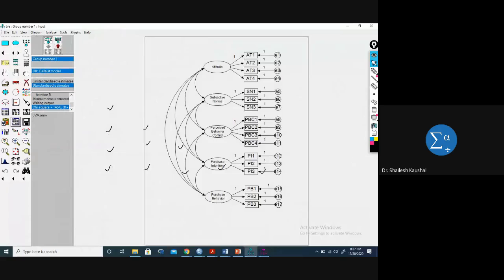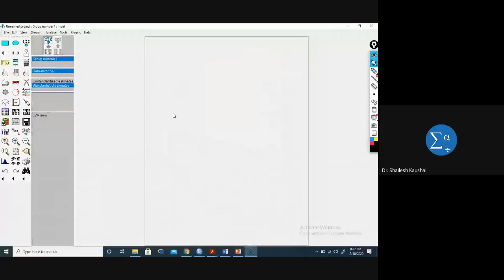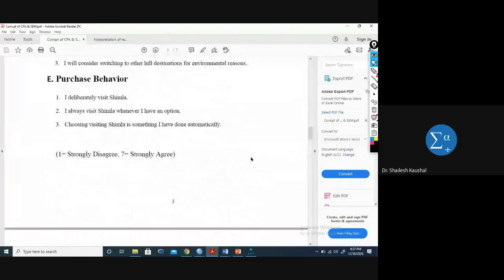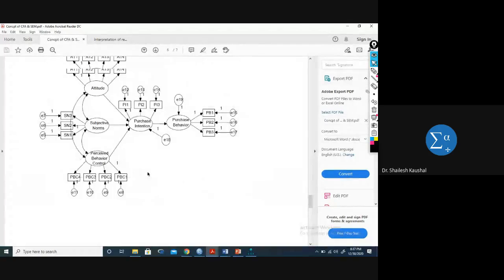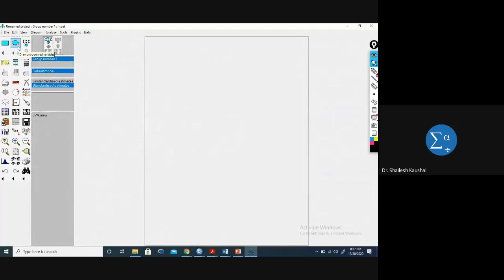Okay, now we perform the structural equation modeling. In the structural equation modeling, I am drawing the graph, and the interpretation will be the same. I am performing the structural equation modeling in the second step. This is my model, so I am preparing it, the construct one. Now I am taking a duplicate object because I want to draw like this.